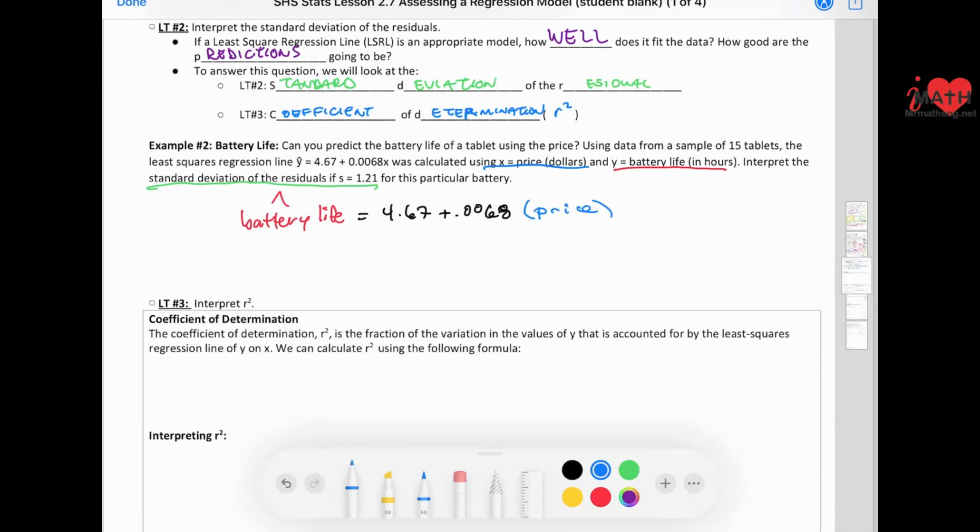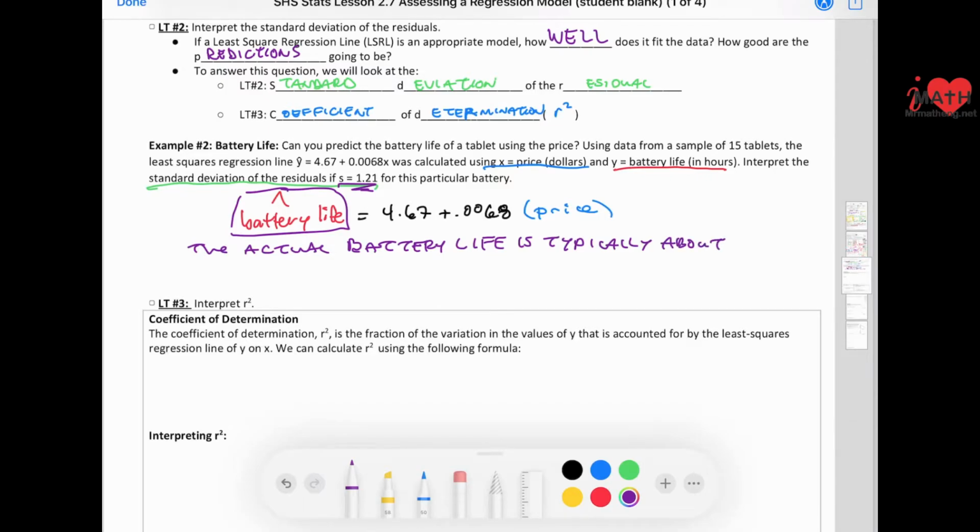Okay, so if you have that regression line, now they're asking us, what does the standard deviation mean? Remember, a deviation is to determine how far away it is, right? In this problem, remember this one here is a prediction, but the standard deviation, we can figure out that the actual battery life is typically, what does it tell us?